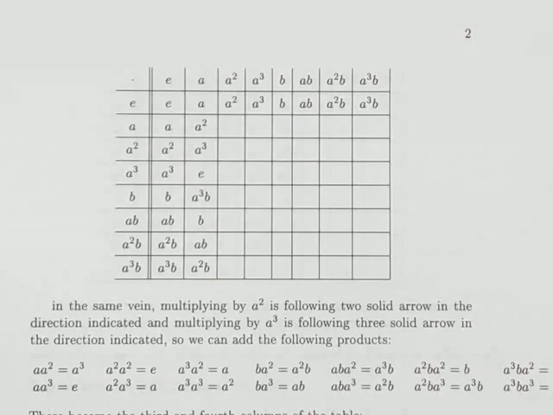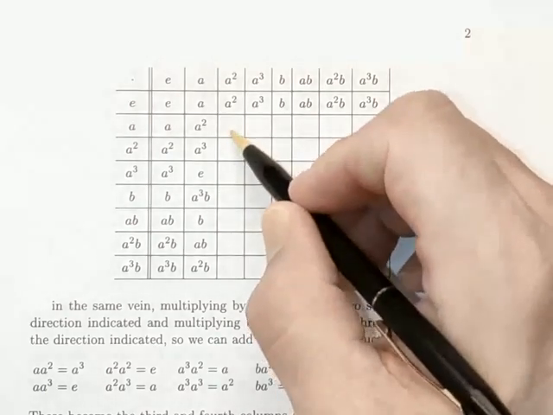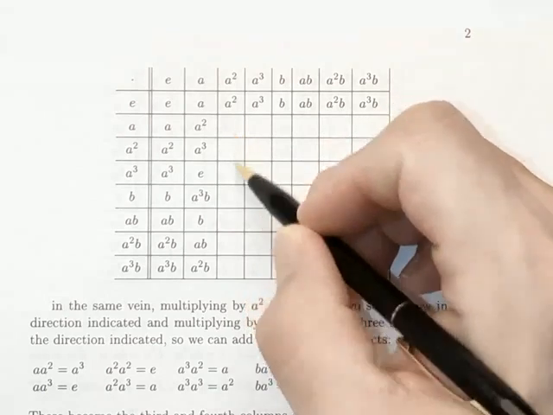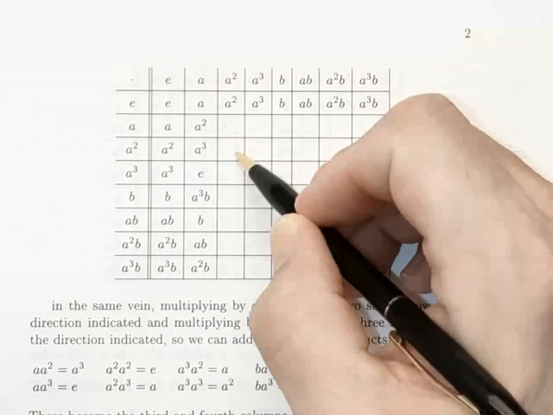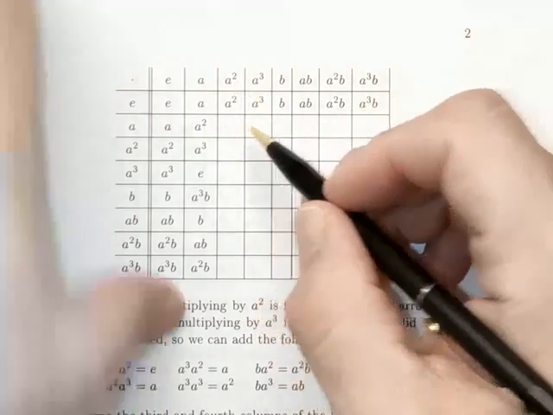I can fill in every column, one at a time, all the way through this. Is it easy? Hell no. Is it doable? Yeah. Follow the arrows carefully. And eventually, okay, if I start at a squared and I do a squared, what should I get here? Aha!